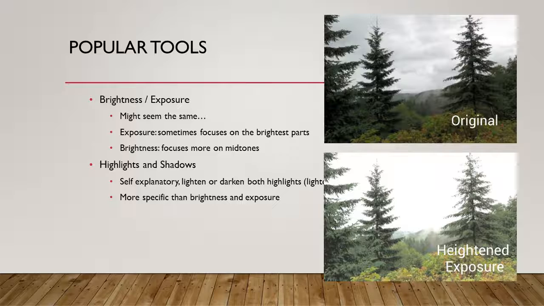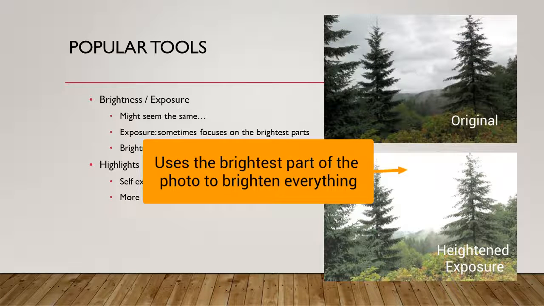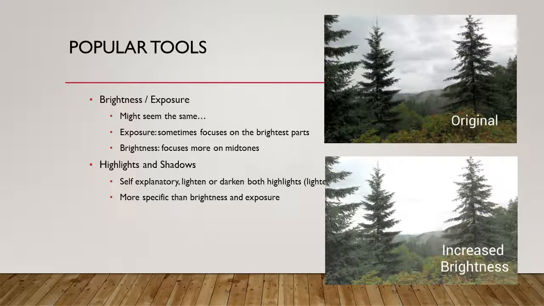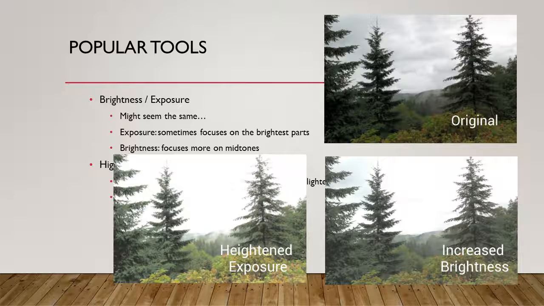And a lot of these tools allow you to sort of tweak that exposure after the fact. But sometimes that focuses on the brightest parts of your photo because it is trying to recreate that original feel. Brightness, on the other hand, focuses more on midtones. So you may want to sort of play with both of these before you decide on which one that you want to actually adjust. But it's just good to know that these are not the same things.